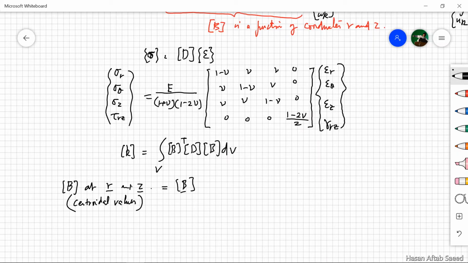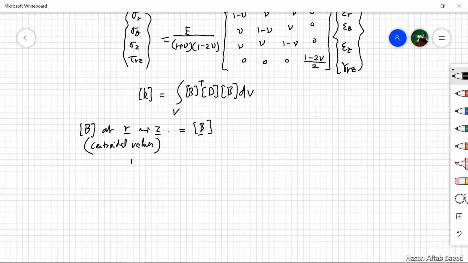So what happens because of this approximation is that we can write this K as, again, you can take this out. D is already constant, so there's nothing to worry about here. And this becomes this, and we can further write it like this.